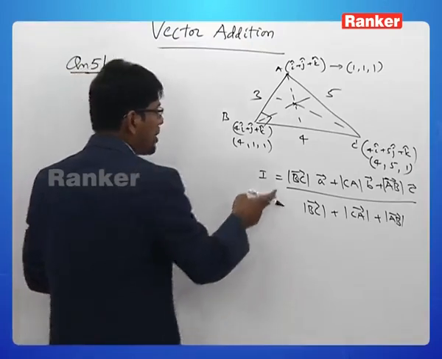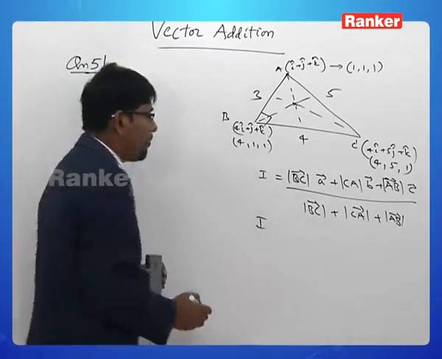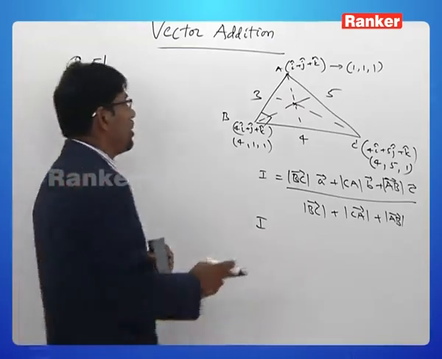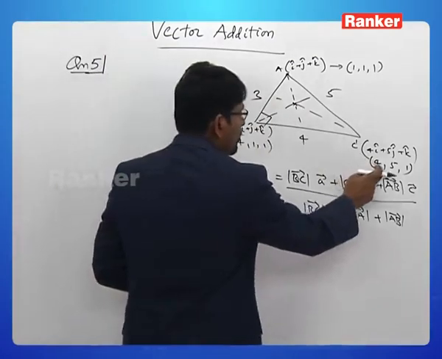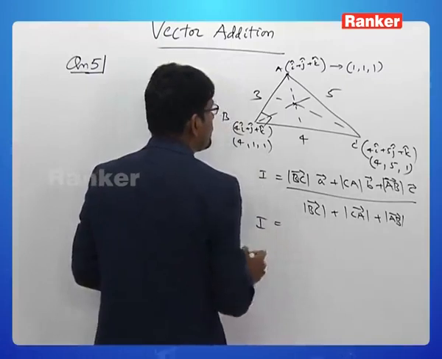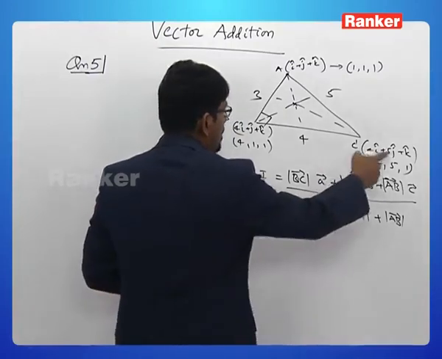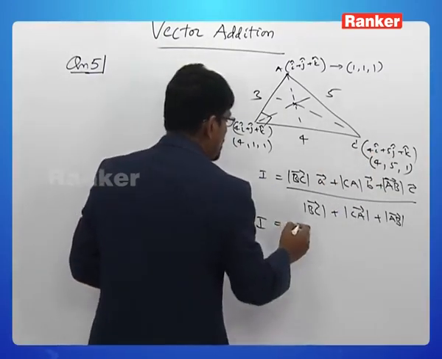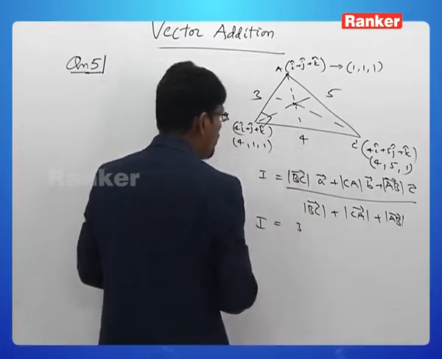Here, we just need to write the position vector of I. I have everything now. 3 into 4i plus 5j plus k. We can write that. What is the magnitude of BC? 4 units.